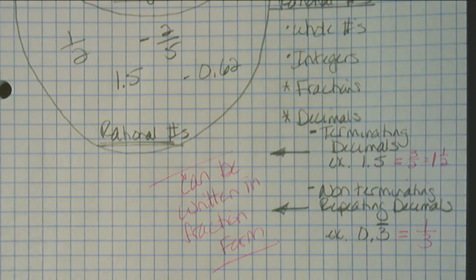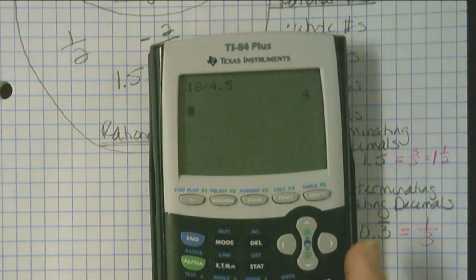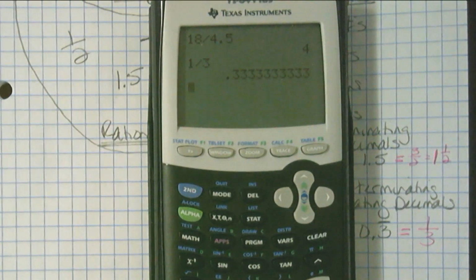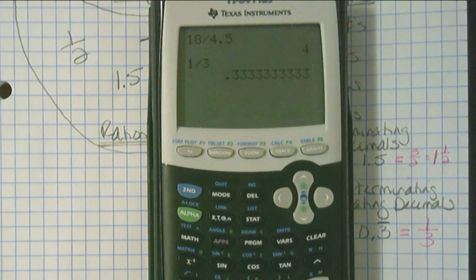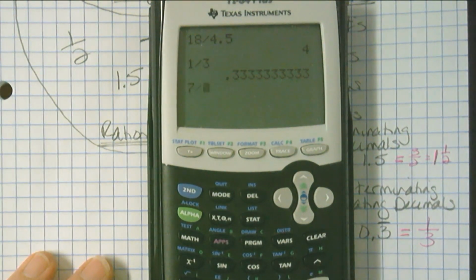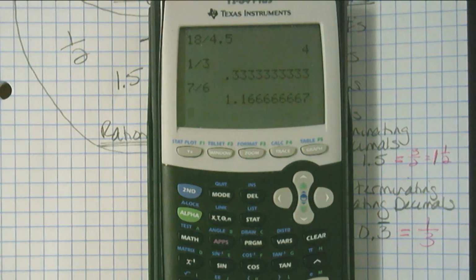0.3 repeating is 1/3. So if I take my calculator, just to prove it to you, 1/3 means 1 divided by 3. Anything with a 6 as a denominator, anything with a 9 as a denominator, usually are non-terminating repeating decimals. So if I have something like 7 divided by 6, that's a fraction, but it can be written as 1.16, and the 6 is repeating.